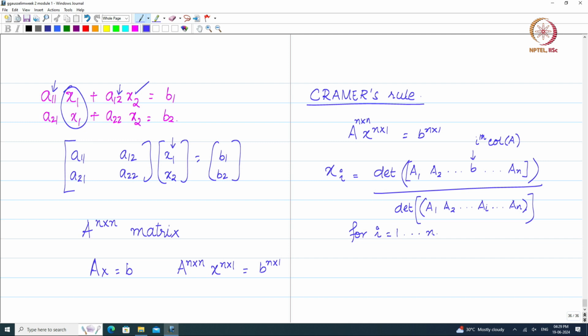You can find each of these unknowns by taking the ratio of the determinants.